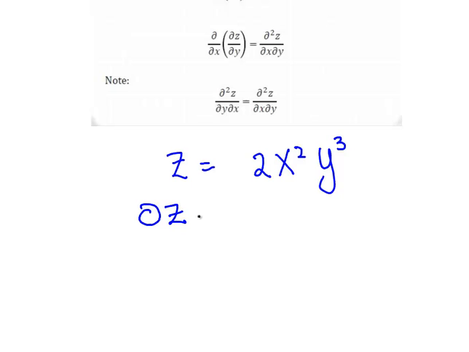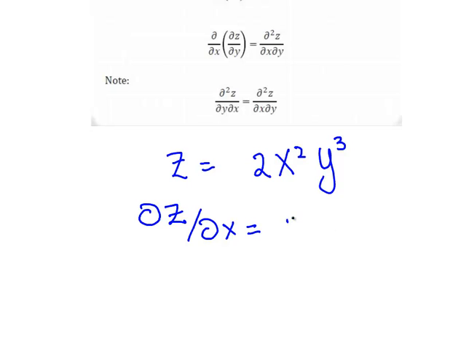So suppose we have z equals 2x squared y cubed. Let's first get dz dx. We're treating y cubed as a constant, and 2 is also a constant.